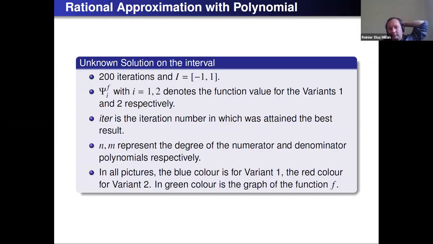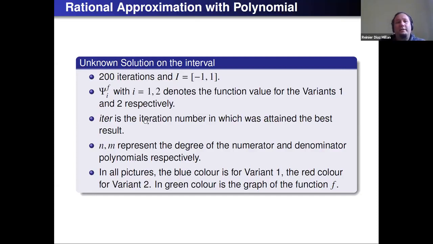The first part of the numerical experiments is dedicated to polynomial approximation. We take one polynomial over and one polynomial down, degree n on the top and degree m on the bottom. For the first case, we take as I the whole interval minus 1, 1, and we run 200 iterations.